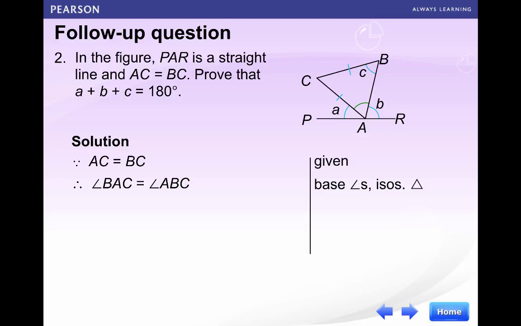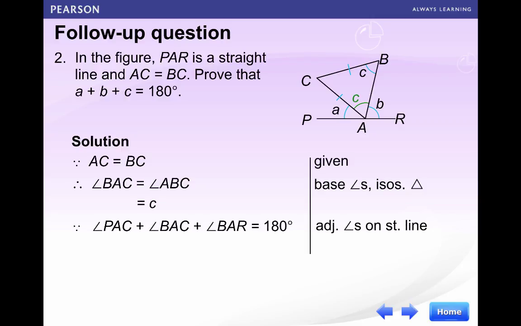And the reason is base angles isosceles triangle. So this angle is c. And then we add these three angles up. It should equal 180 degrees, because these are adjacent angles on a straight line. So adding these three, a plus b plus c, will equal 180 degrees. So we've done the proof.